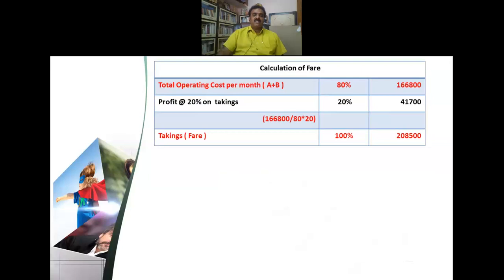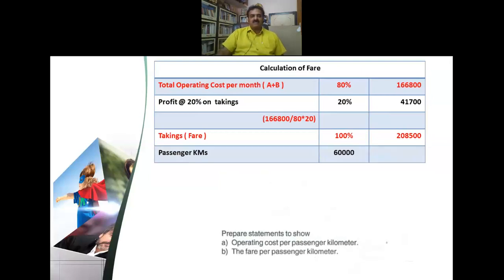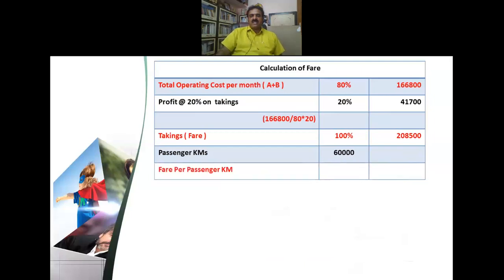If this is per month, what is per passenger, that we can calculate. So passenger kilometers are 60,000. Therefore, 2,08,500 divided by 60,000, you will get the fare per passenger per kilometer, which is 3 rupees 47 paise.